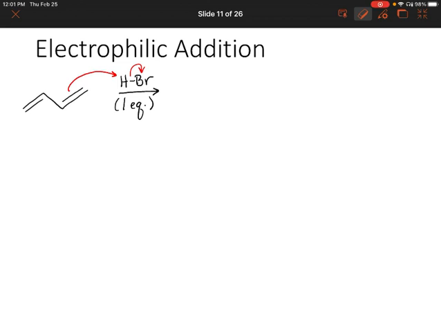So this is a Markovnikov addition reaction, right? The hydrogen will add to the side with more hydrogens, or the less substituted side.